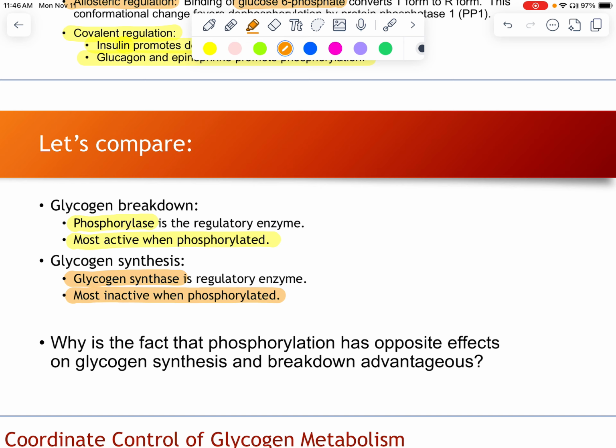So that same signal can now cause it to phosphorylate both the phosphorylase, which activates it, and the synthase, which deactivates it. So if you think about that phosphate on-off switch, we certainly don't want to be both breaking down glycogen and forming glycogen at the same time. That's a waste of effort. We want to be doing whichever one we need at the moment. So this fact that the same process has opposite effect aids in our reciprocal regulation.